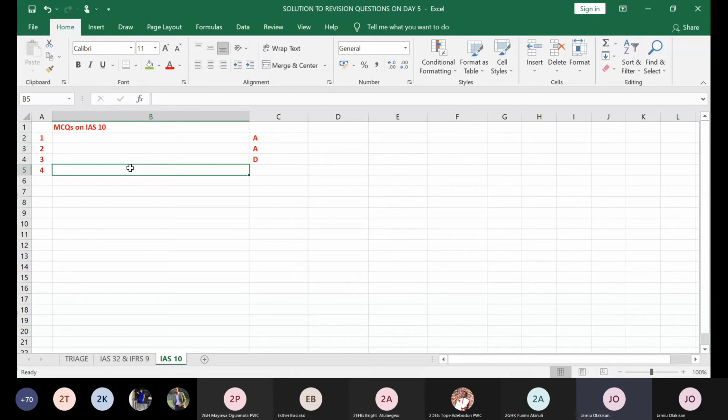So what we want to do is, at what value should the inventory in 2 above be carried in the financial statement? The value at which inventory in 2 will be carried in the financial statement, right?